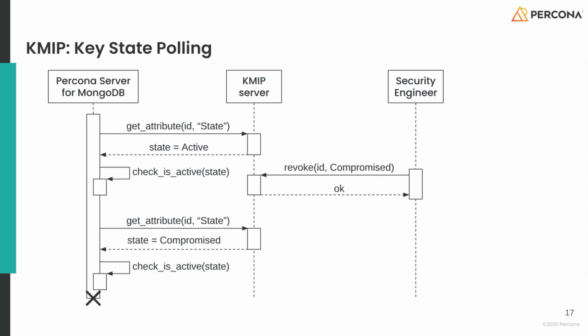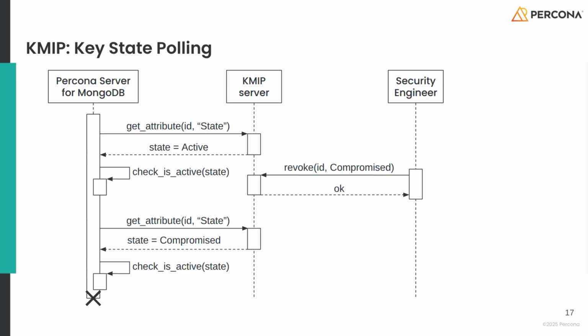That may seem scary, like terminating the running service, but it is not as scary as it can seem, because first, usually we have a number of nodes, like a replica set for serving user queries, and if one node terminates, it's not the end of the world.